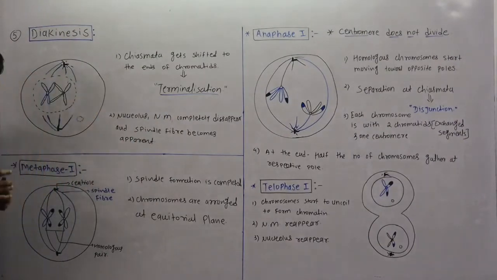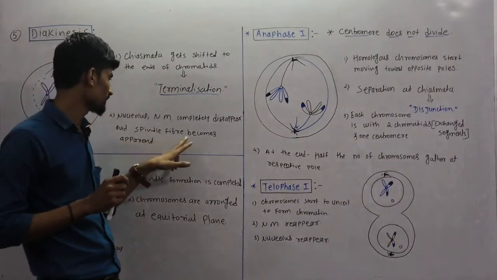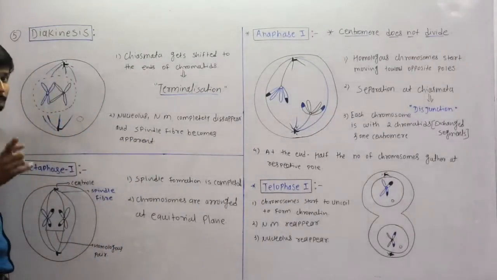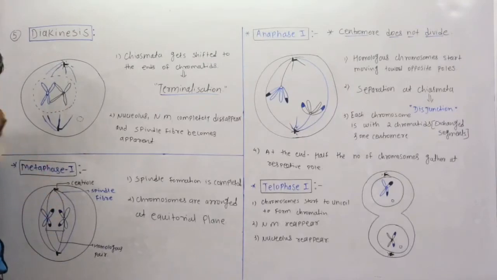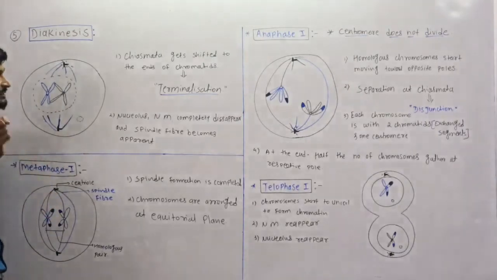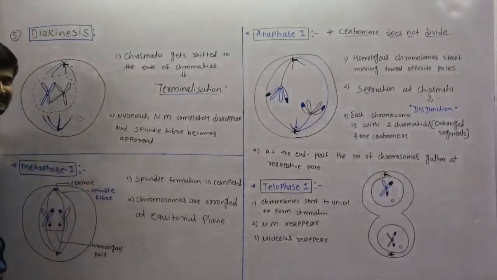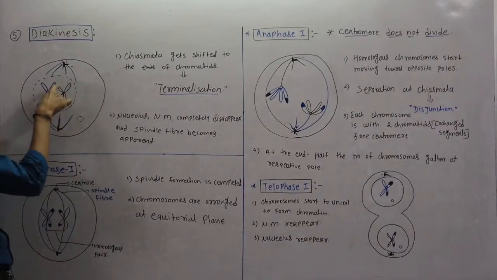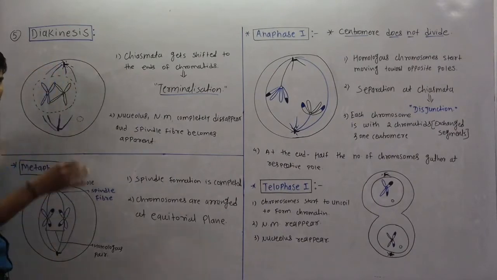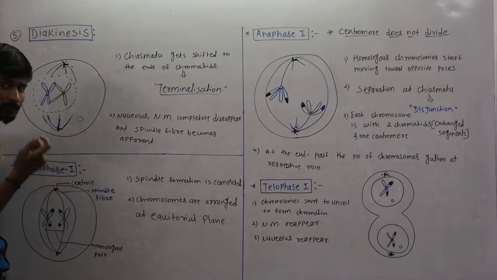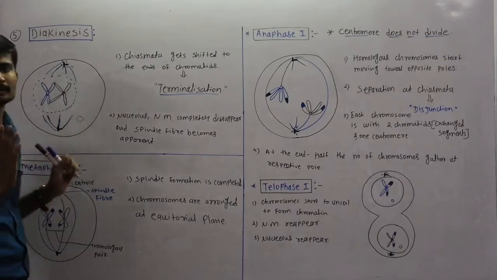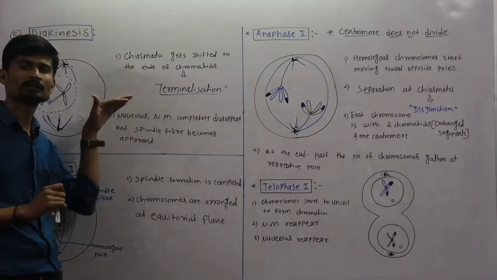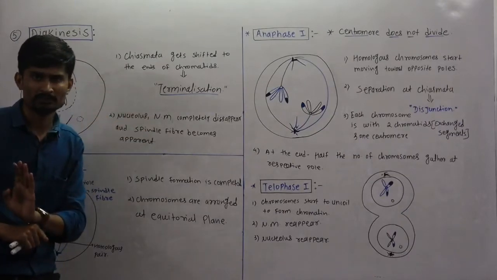And spindle fibers, which are not present in the diplotene, zygotene or pachytene stage, appear in the diakinesis. These are not completely formed, but they are appearing. So the important points are terminalization, the nucleolus and nuclear membrane, and the spindle fibers.